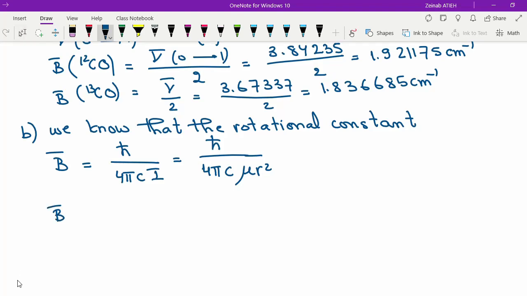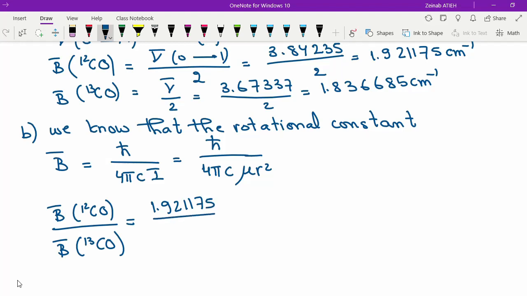So B for C12O over B for C13O is equal to 1.921175 divided by 1.836685. This is equal to 1.04600.